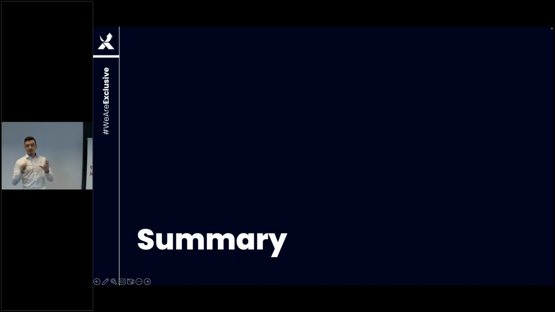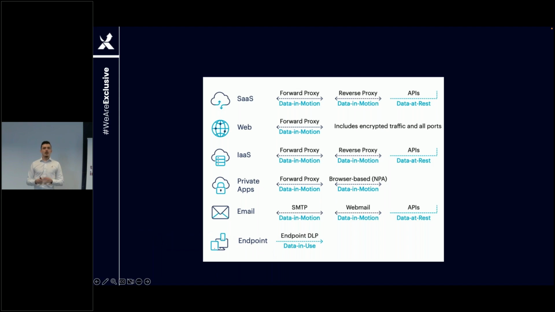Okay, so we talked a lot about Netskope DLP. Just want to give you a quick review here. Netskope provides best-in-class DLP solution. And in addition to that, as we saw, we can address different use cases from SaaS, web, email, and endpoint to protect data in use, data at rest, and data in motion.